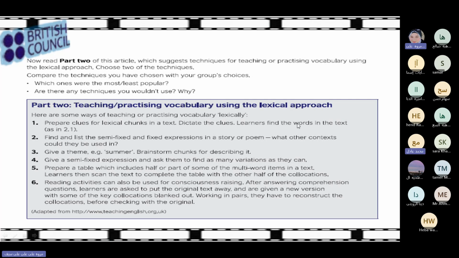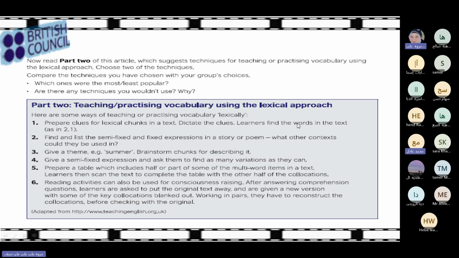Yes, Miss Maro. I was in a group with Miss Fathia, and we agreed that the first and the fourth techniques are the most popular, and we chose them as the best ones. Preparing clues for lexical chunks and dictating the clues, and learners will find the words in the text. I think we have already done this, and this is familiar to us.